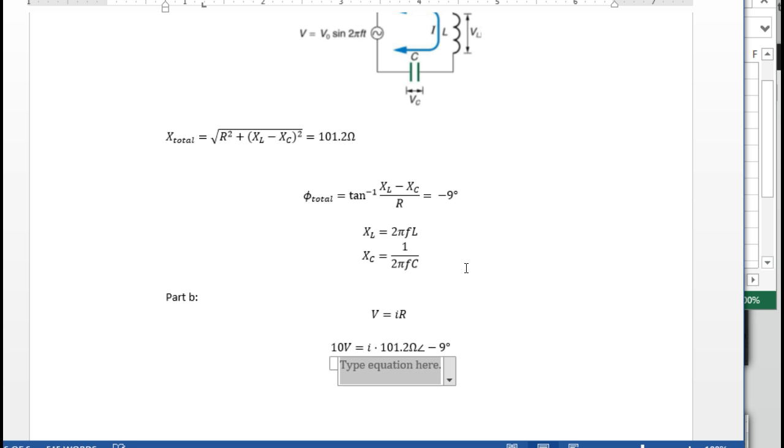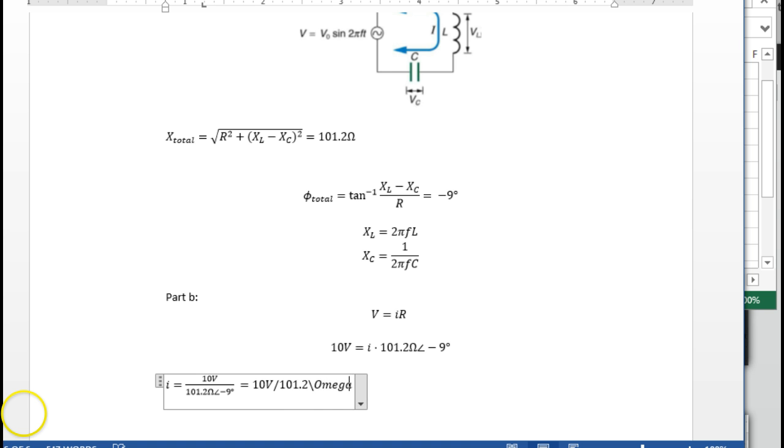And that means that I equals 10 volts divided by 101.2 ohms at an angle or phase -9 degrees. If you remember from phasor math, put another space in here because that's a little crowded. Remember from phasor math, the 1 over the angle is minus the angle is 10 volts divided by 101.2 ohms at a phase of 9 degrees.